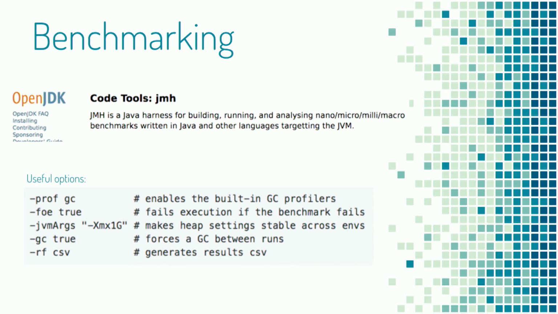So you want to see the exception and see that your code is failing. It's also good to set the JVM args so you can have a stable execution across different environments. One thing that I use is forcing a GC between runs. That's useful if you have isolated benchmarks with very low noise. And the final option is generating a CSV from your results to make it easier to analyze and compare.